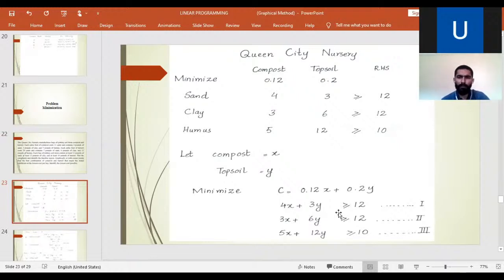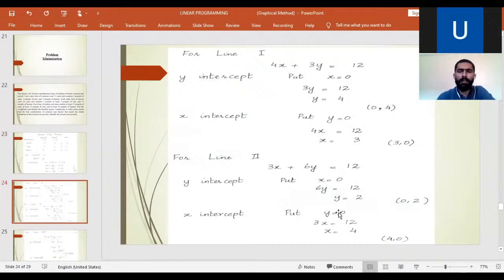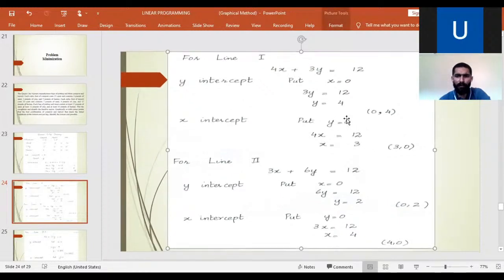First, from equation 1, to get the value of y we put x equal to 0 on the y-intercept, and similarly to get the value of x we put y equal to 0. We will get the value of x is equal to 3. From the line we will get two values, the x value and the y value.